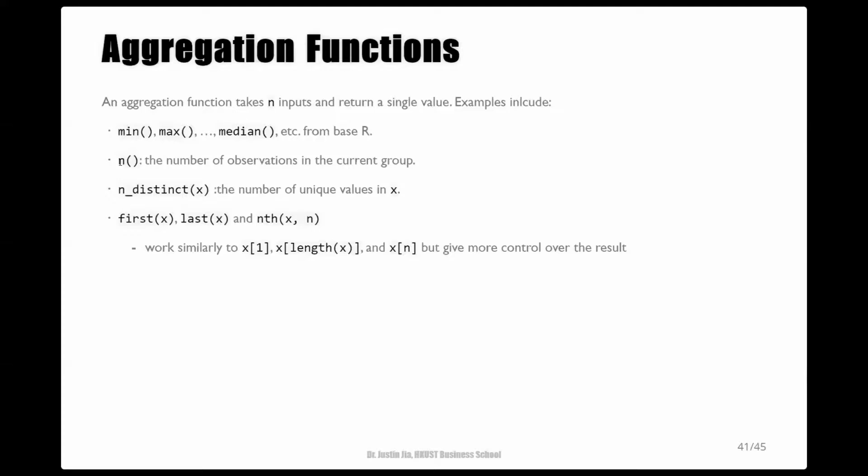For example, this n function returns the number of observations in the current group. n_distinct gives the number of unique values in a variable specified by this argument. first, last, and nth work similarly to their indexing equivalents, but give us better control over the result.